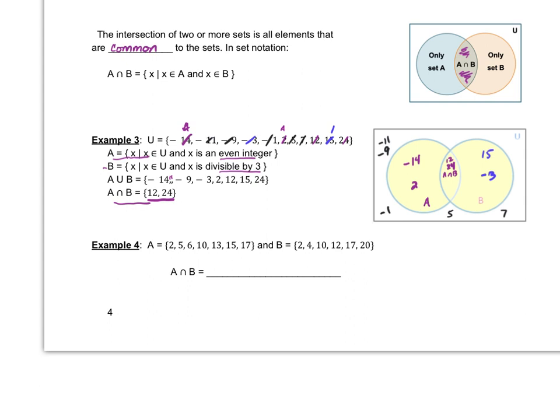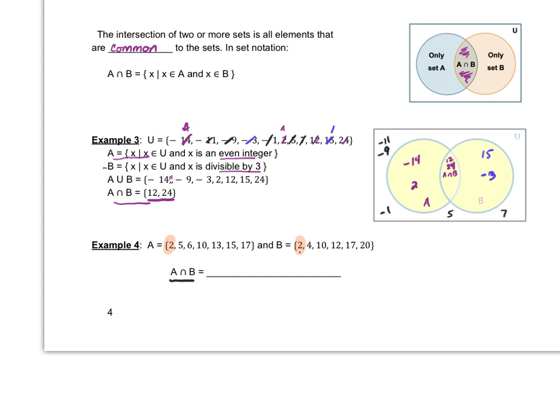So let's see here. Looking here, in example number 4, just giving 2 sets, I am trying to find out where set A intersects B, and that's going to be the overlapping. So I have a 2. I have a 2 in B and a 2 in A. I don't have a 5 or a 4 in both.